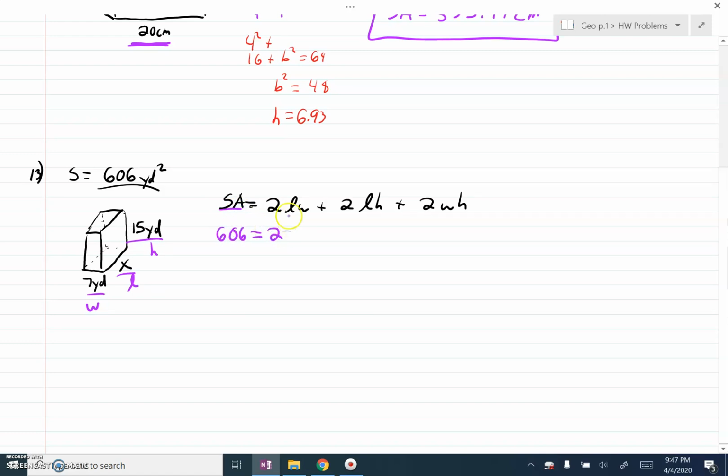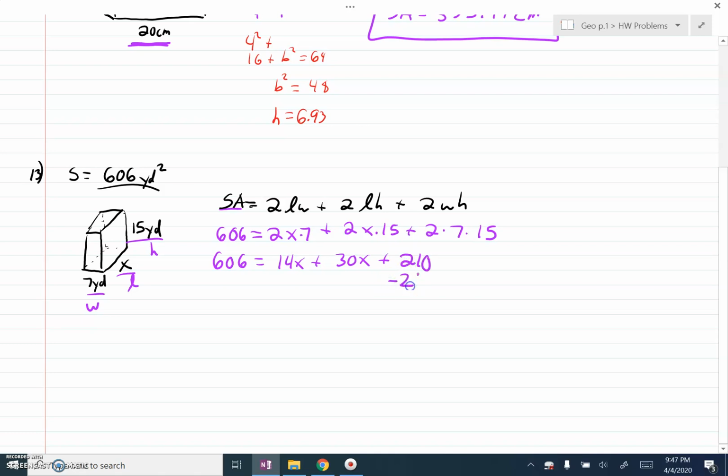So I know surface area is 606. 2 is 2. Length I don't know, so we'll make that x. Width is 7, times 7, plus 2 times the length x times the height 15, plus 2 times the width 7 times the height 15. And then all you're doing is just algebra again. So 606 equals 14x plus 30x plus, well, 2 times 7 is 14, 14 times 15 is 210.